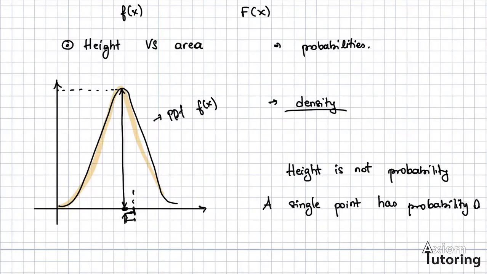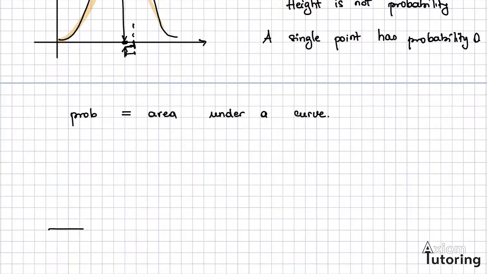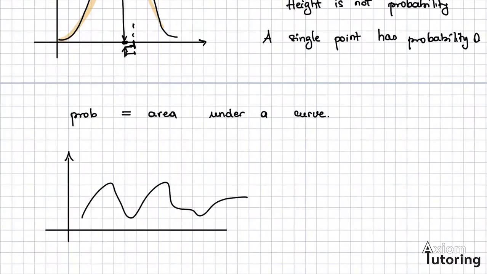So where is probability coming from? Probability comes under the curve. So probability is the area under a curve. And keep in mind, this doesn't have to be just a nice bell-shaped curve. It could be a function that has a PDF in a weird shape like this one.